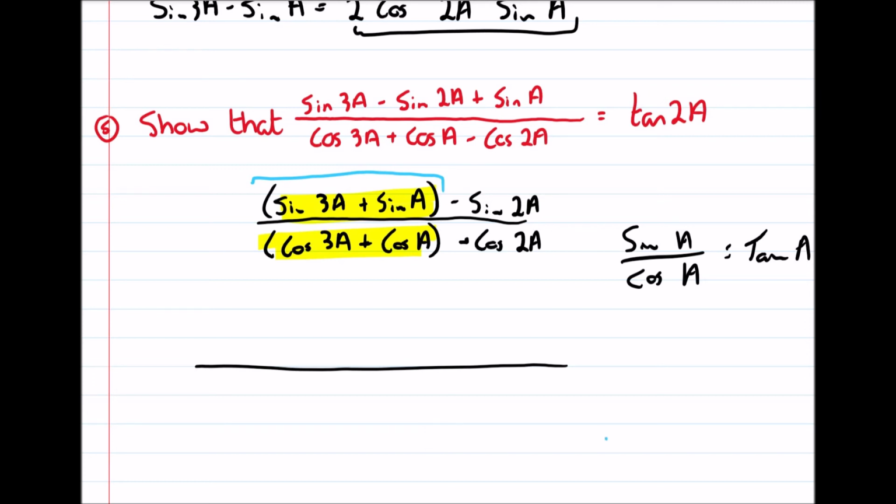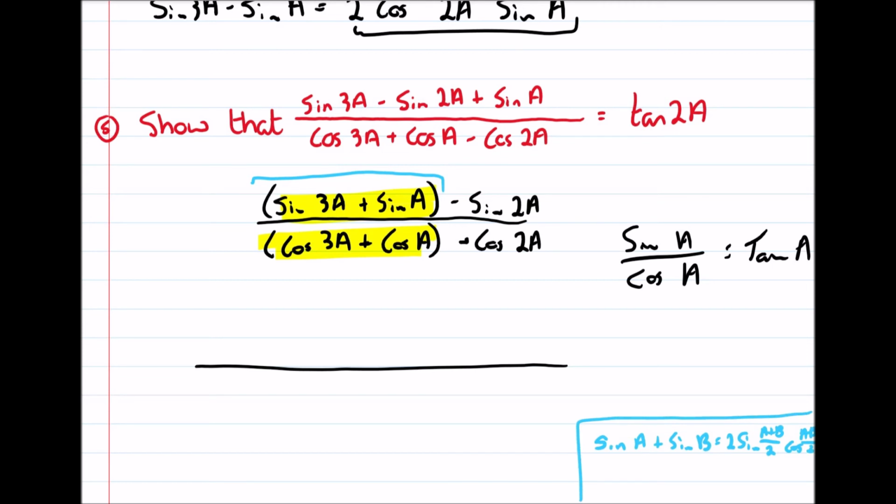So it'll be sine a plus sine b equals 2 sine (a plus b over 2) cos (a minus b over 2). Okay, that's a bit tight there, but you know the formula, you see it in your logbooks.